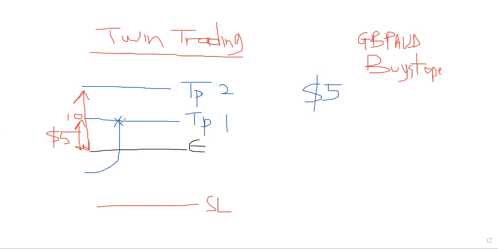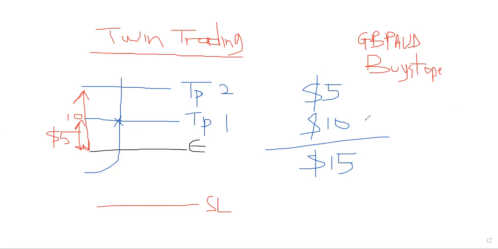So once this thing goes further to hit TP2, remember from here to here is $10. That is $10 registered. So the total amount you have made on that $500 account will be what? 15 pips. So what's the next thing to do?